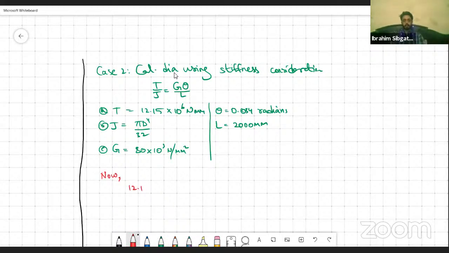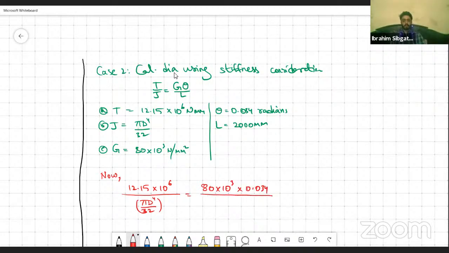It is 12.15 into 10 power 6, divided by J, which is pi d power 4 by 32, equals to G, which is 80 into 10 power 3, into 0.034, divided by L. L is 2000.